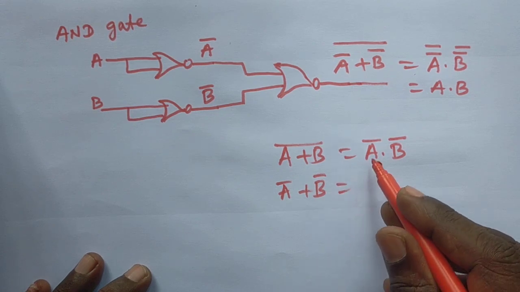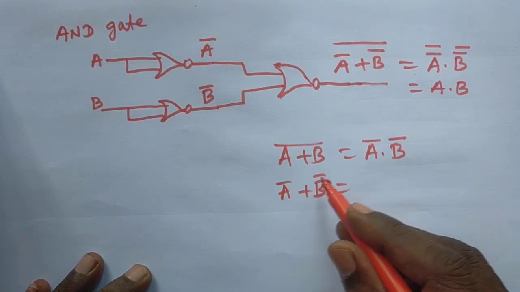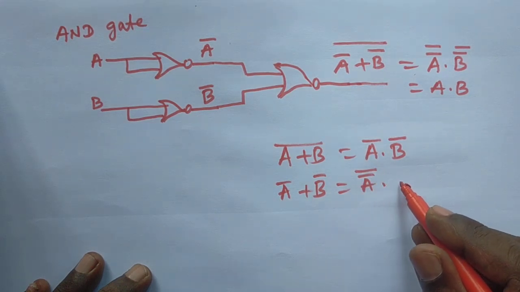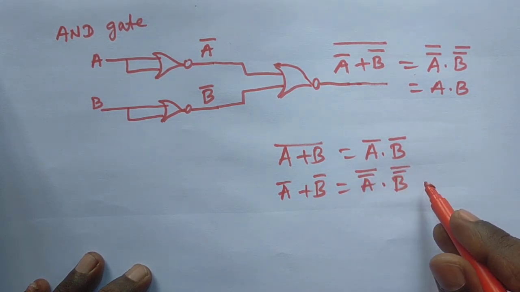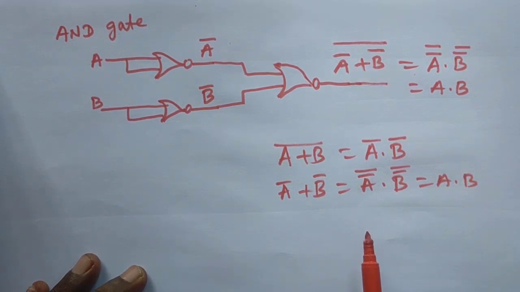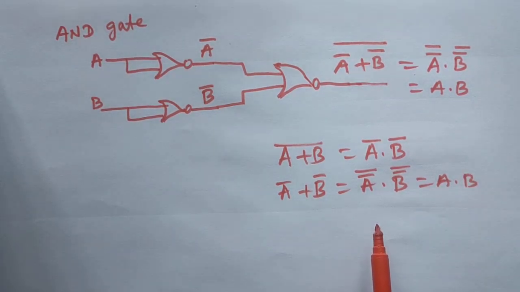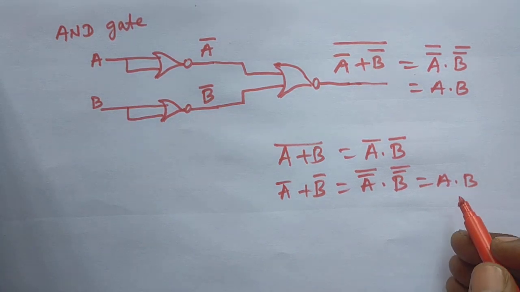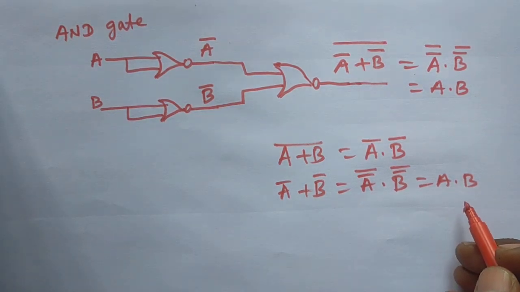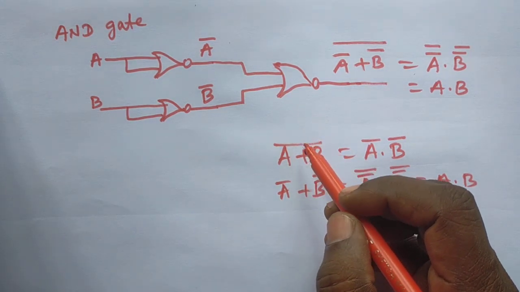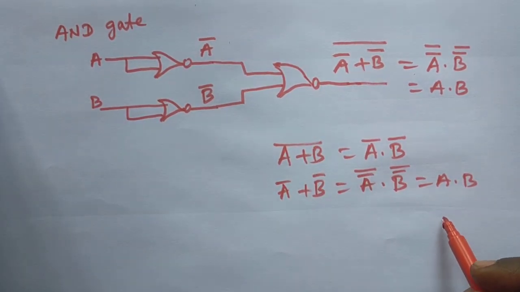We just apply this rule: A complement, again complemented, gives A, plus B complement complemented gives B, so A dot B. In this way we get the AND gate. We can create AND gate operations, but using NOR gates.